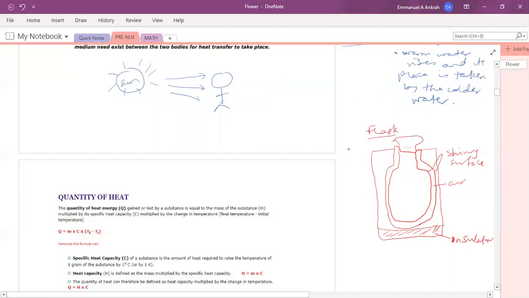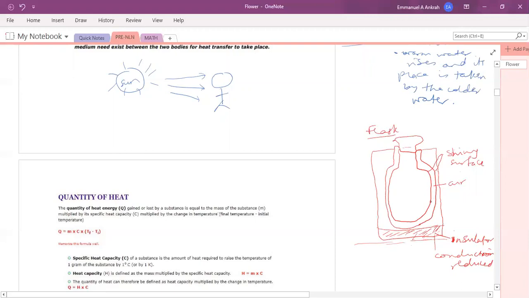What they're trying to do in the flask is to reduce heat loss by conduction. When this is on a surface, the insulator will reduce heat loss from the flask onto any surface. So the conduction here is reduced by the insulator.